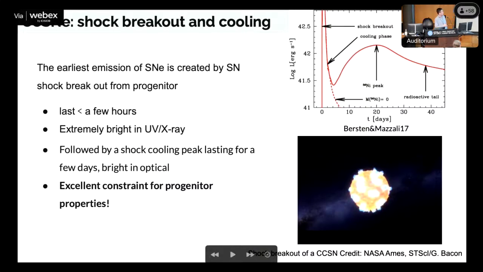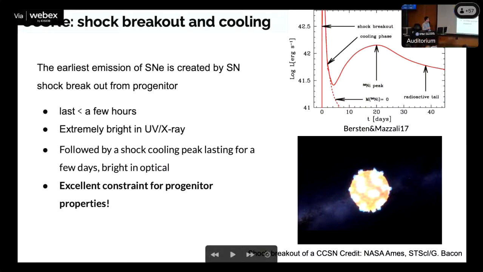What happens at the early time of core collapse, sorry, I put a video here but it could not be shown somehow, is that in the first few minutes or hours the shock of the supernova explosion propagates within the star, and when it reaches the surface of the star, the shock breaks out and creates a very bright flash, which is extremely bright mainly in UV and X-ray.